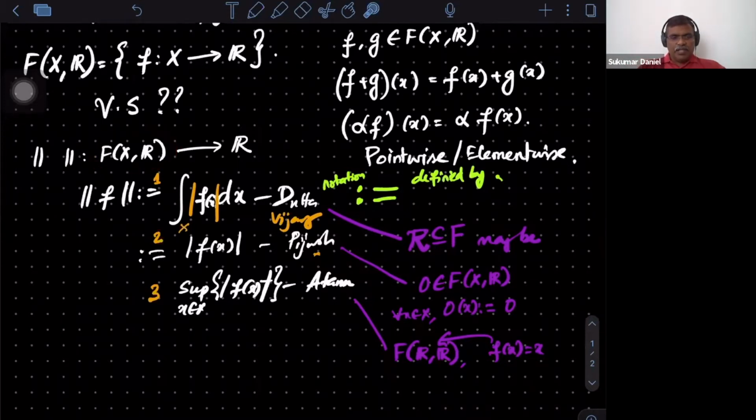But we don't need to stop at that stage. We can go a little further and say that I consider only those functions for which this supremum exists.